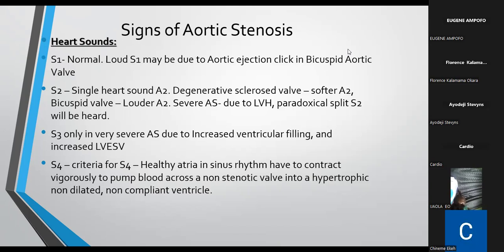With bicuspid, you have a louder A2. And when they have a very severe AS due to LVH, there's a paradoxical split of S2, which can be heard, and this is due to a longer ejection time. S3 can also be heard when there's an increase in ventricular filling pressure.